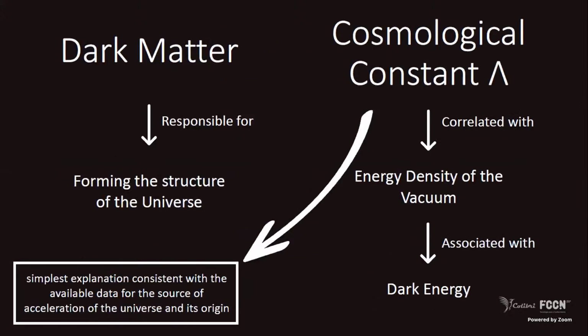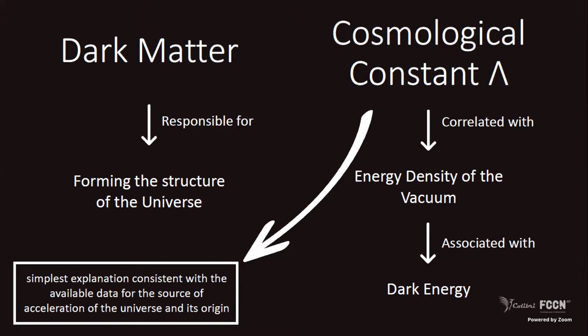So we have the dark matter responsible for forming the structure of our universe. But we also have the cosmological constant in our model, the Lambda CDM, which is correlated with the energy density of the vacuum, and this density is also associated with the dark energy. So we have here the presence of the dark energy and the dark matter in our model.